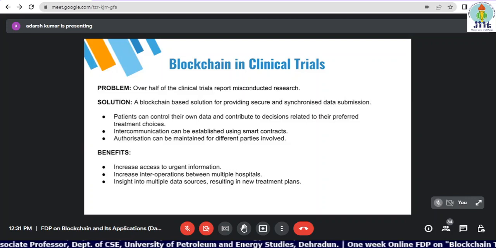The benefits we get are increased access to urgent information, so we can quickly get the information, and increased interoperation between multiple hospitals. Like the previous speaker was discussing, interoperation is required between hospitals. If some hospital XYZ in one location is good in cardio treatment but not good in rheumatology treatment, the patient can recommend another hospital, right?